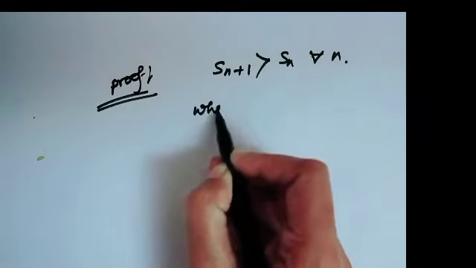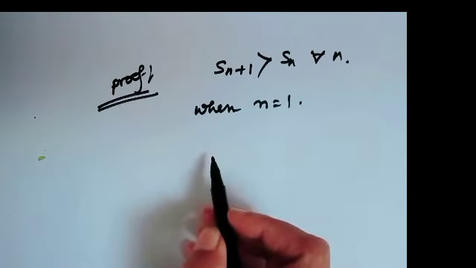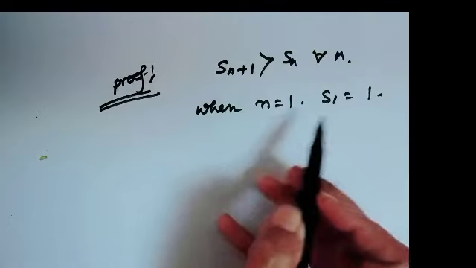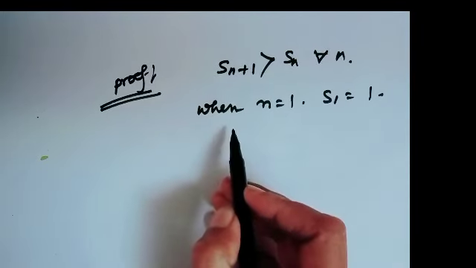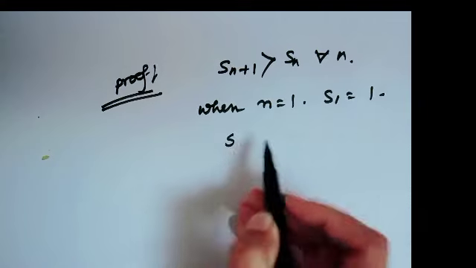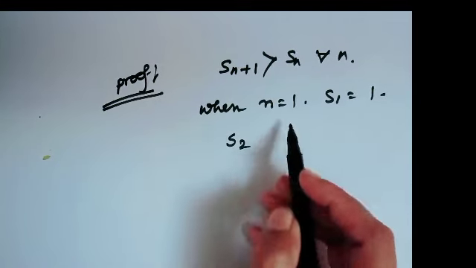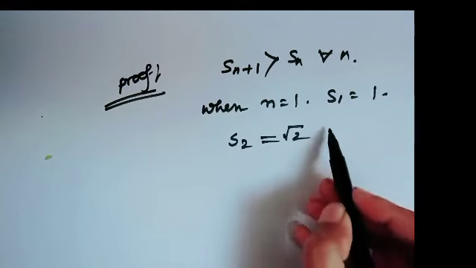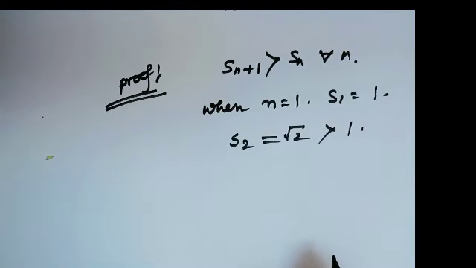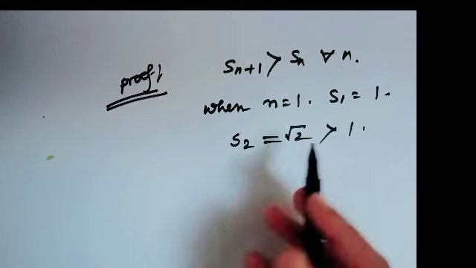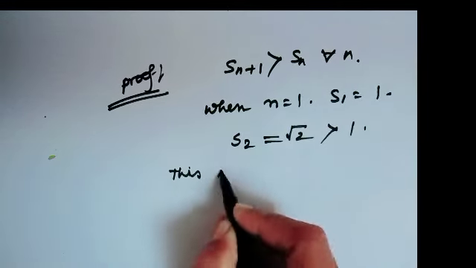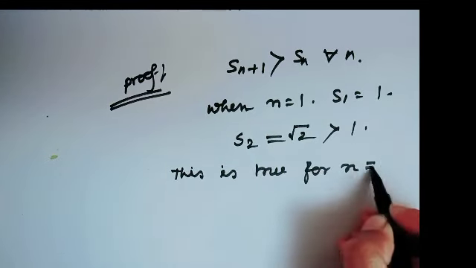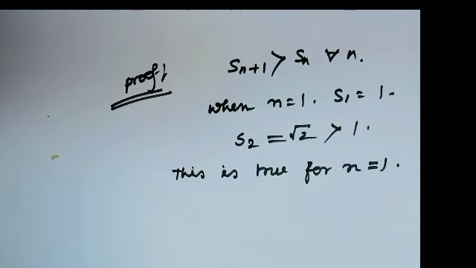When n equal to 1, given S1 equal to 1, if we put 1, then S2 equal to square root of 2, which is greater than 1. So this is true for n equal to 1. Okay?